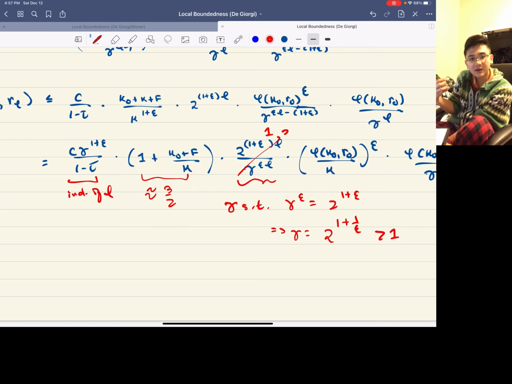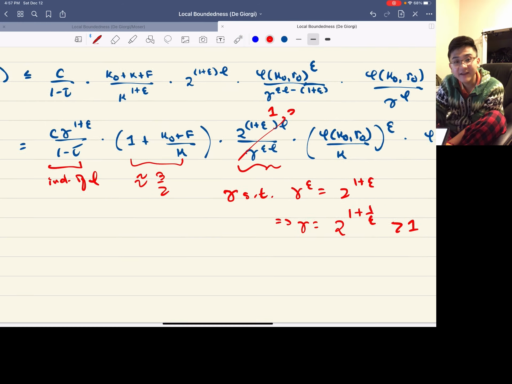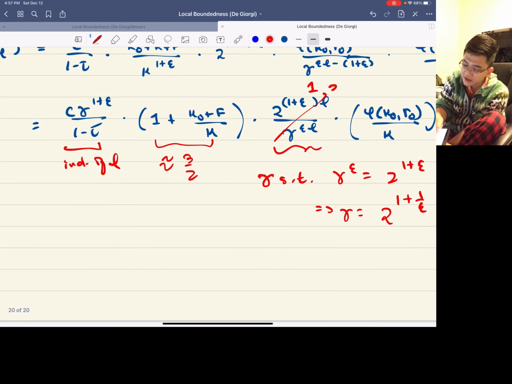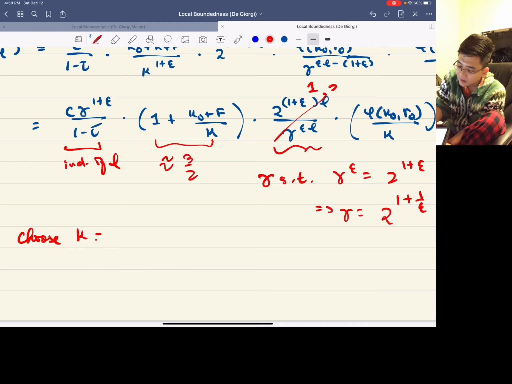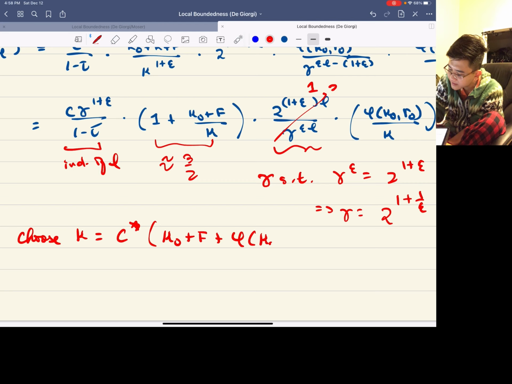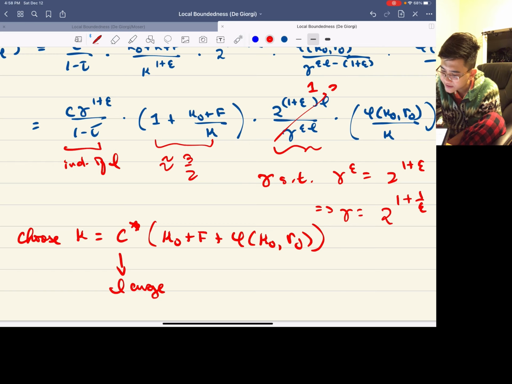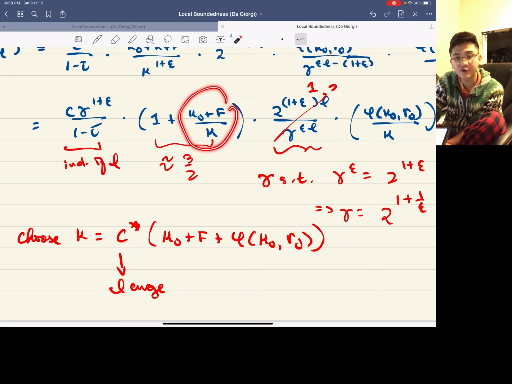So is it fair to say that you can choose K, which is of the form C star of K0 plus F plus phi of K0 R0 for some C star large? Because for such a choice of K, it kills this term.